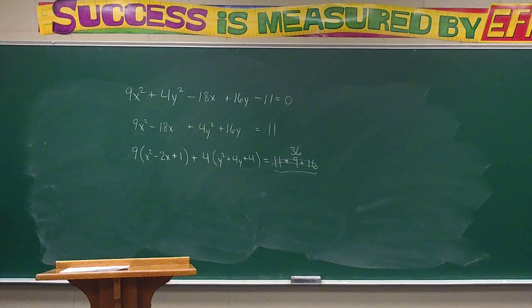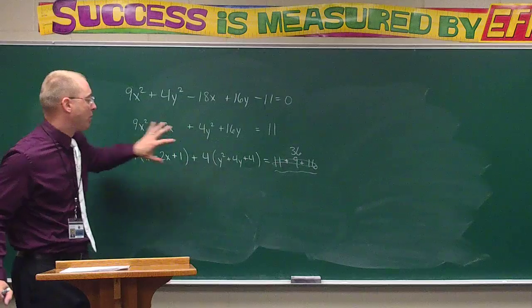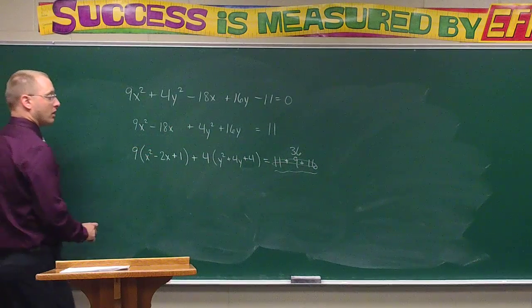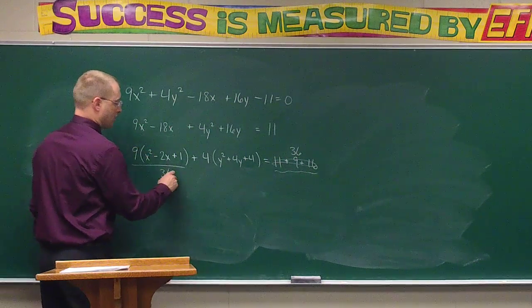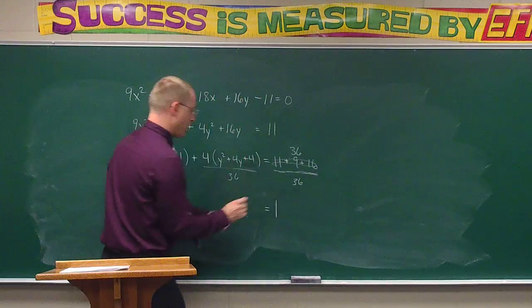But then one of the key characteristics of both the ellipse and the hyperbola is in order to get the proper form, I need to set the equation equal to 1. Right, so to set the equation equal to 1, I've got to divide all three parts by 36. Now it's going to give me a 1 on this side.